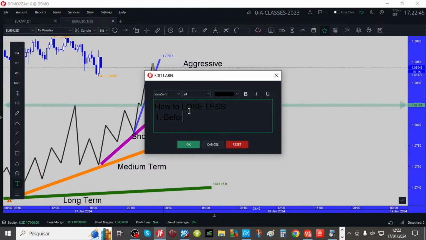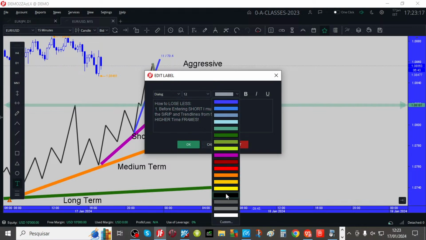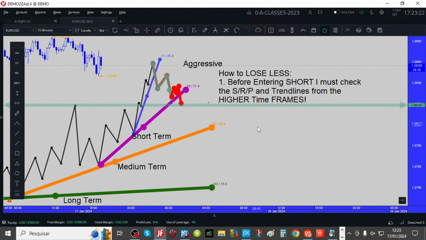Number one, before entering short, I must check the support, resistance, PP pivot points and trend lines from the higher time frames. This is nothing special. Somebody says, wow, this is nothing special, but it's part of the skill that maybe nobody until today explained to you, just maybe.